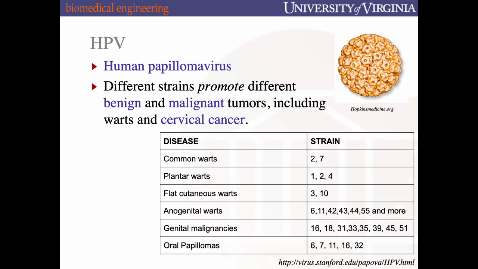Only a very small fraction have been tied directly to viral infections, but that's the one we're going to talk about. The cancer type that has the strongest link with a viral promotion and viral origin is cervical cancer related to a category of viruses called human papilloma virus, or HPV.